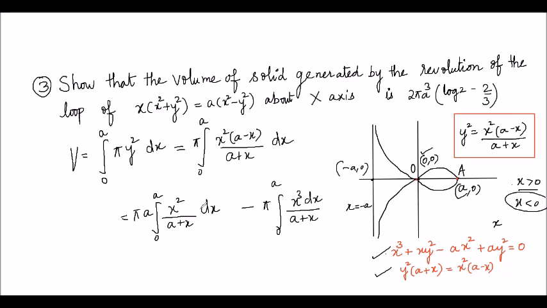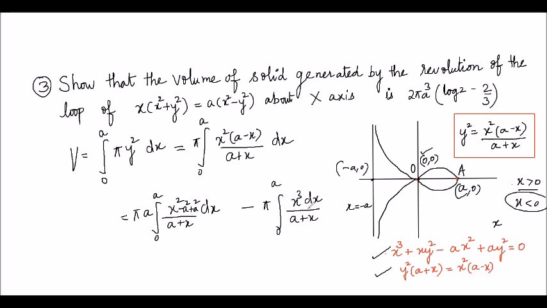In the first integral, what we will be doing, we will be adding and subtracting minus a square plus a square to make our further calculation easy. We will be considering x square minus a square together, so that it will be having two factors, x minus a and x plus a, and x plus a will cancel out from numerator and denominator, and then we will be left with plus a square upon a plus x, which is very simple and it can be easily integrated.